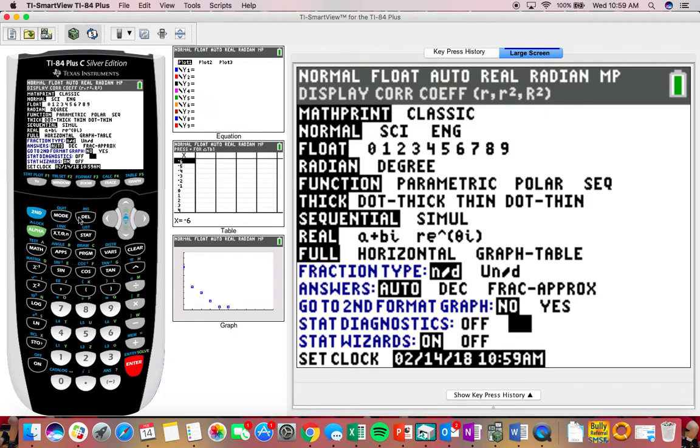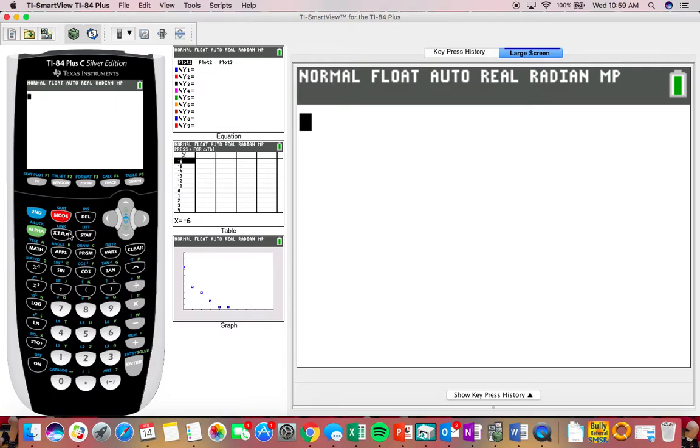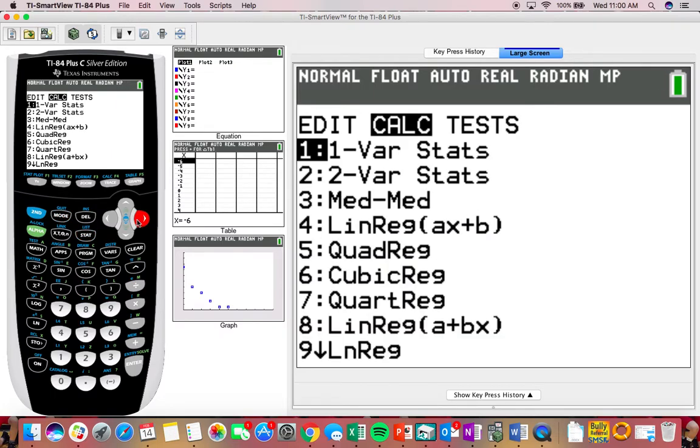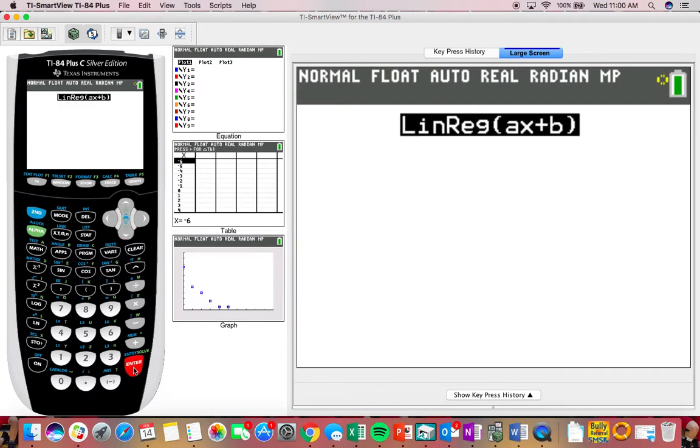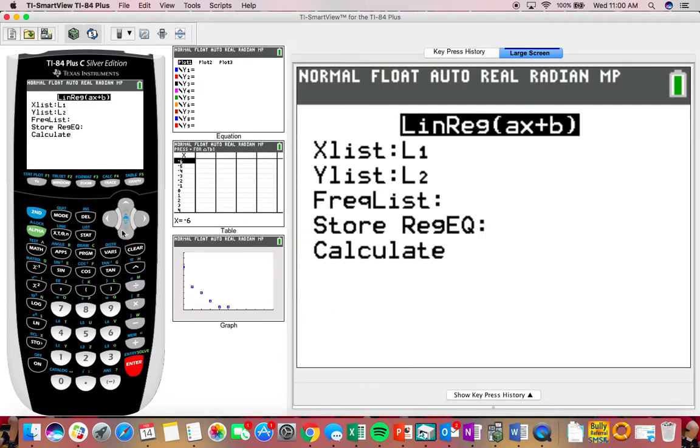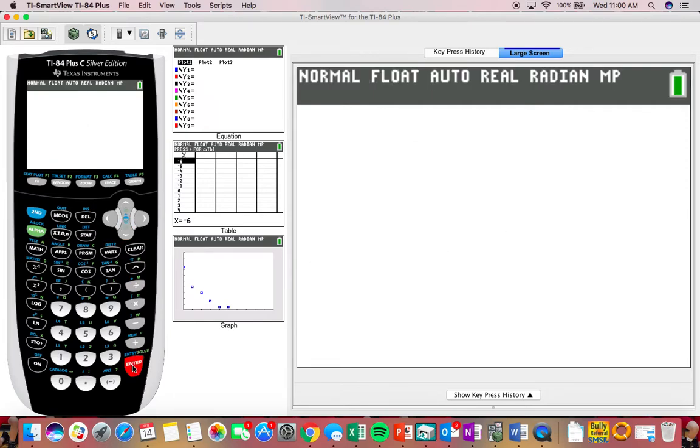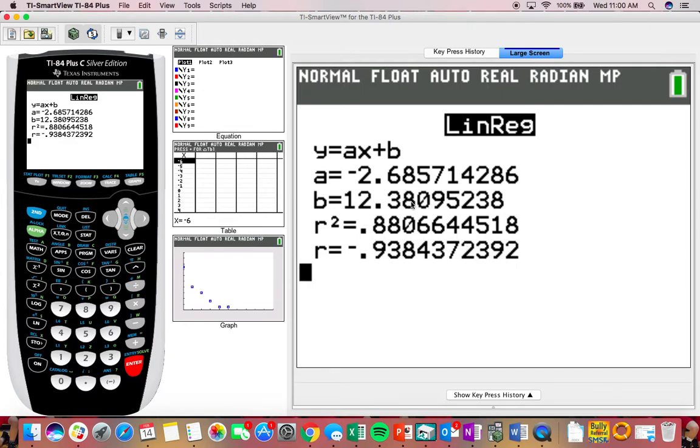Once you've done that, we're going to do the same test we just did. Go back to Stat, over to Calc, and again do that linear regression. Go ahead and hit calculate. You'll notice it still gives you A, still gives you the same B, but now it gives you this r squared value that you're looking for.